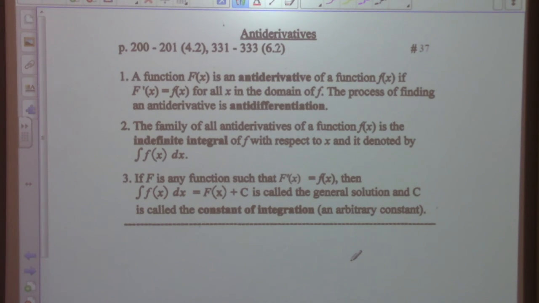And that, it's a constant, it is just a number. And that number could be, what does arbitrary mean? It could be anything. In this instance, it means it could be anything.